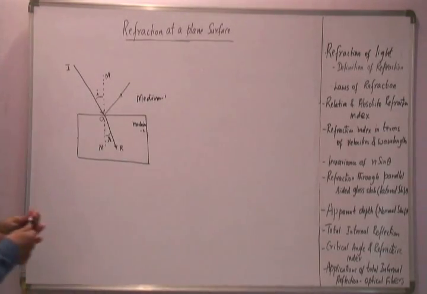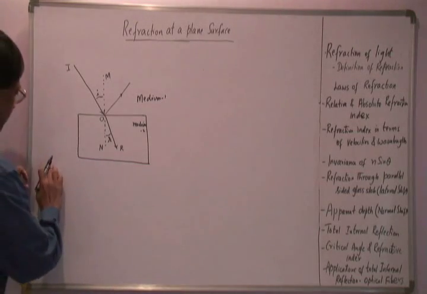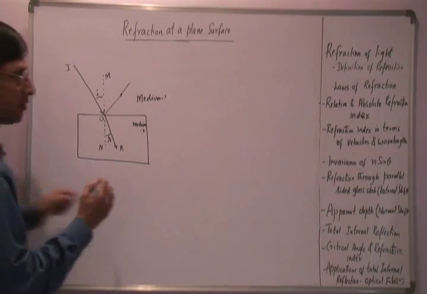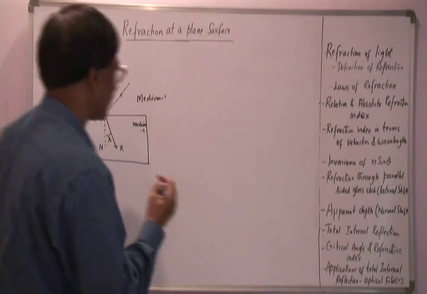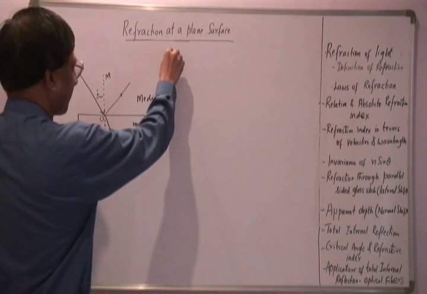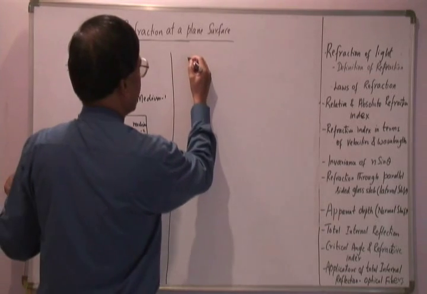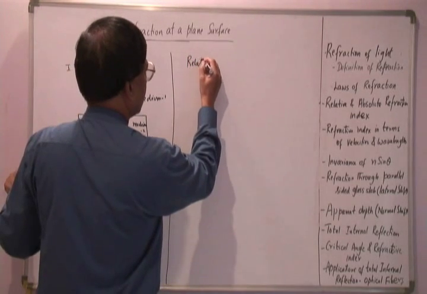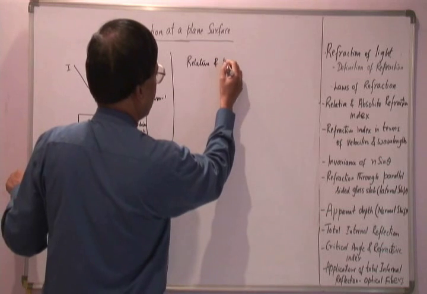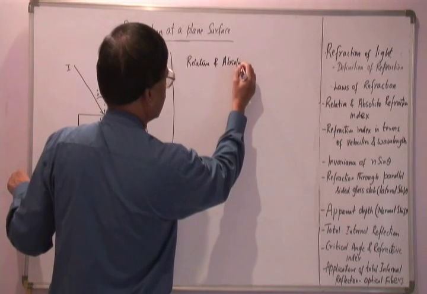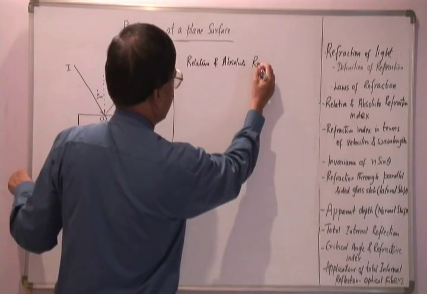So just now we mentioned the second law of refraction, and now we are talking about relative and absolute refractive index. So let me write down here relative and absolute refractive index.